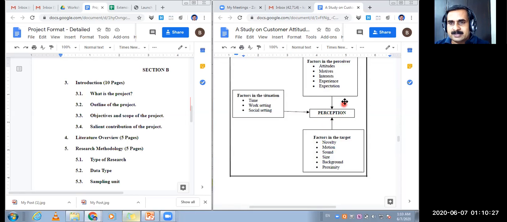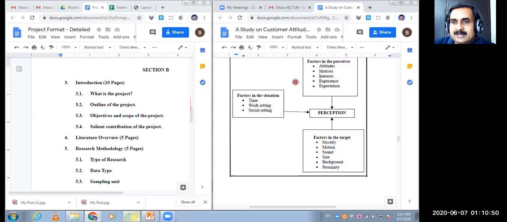This is the perception and this is the attitude. So factors in the perceiver and this is attitude. This influences your perception. I have got this data by doing an extensive literature survey to draw out this model. And on the basis of this model, I can say that these are the responsible factors which influence perception.